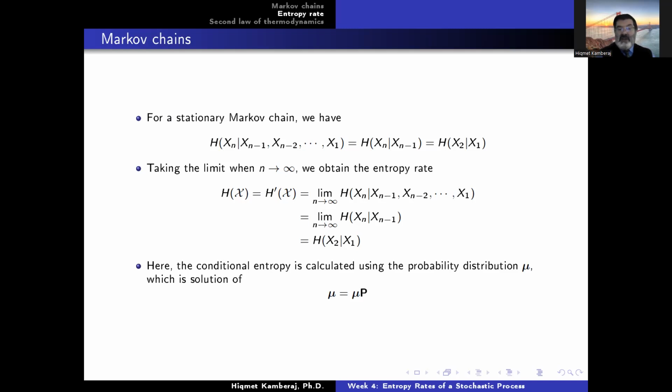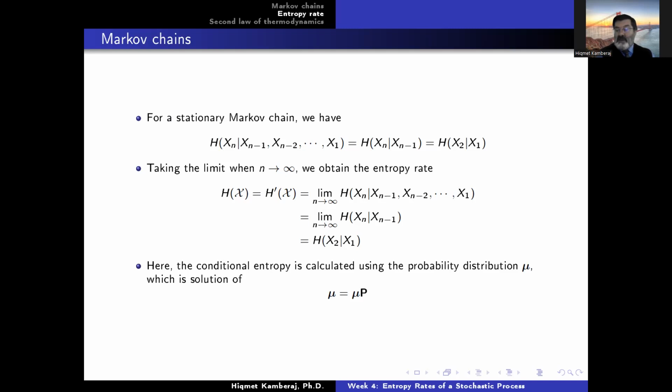Now the left-hand side gives me the entropy rate, H(χ) or H'(χ), which is equal to the limit as n goes to infinity of H of Xn given Xn-1, Xn-2, and so on, X1. Now, furthermore, this is equal to the limit as n goes to infinity of H of Xn given Xn-1, or equal to the limit as n goes to infinity of H of X2 given X1, but this does not depend on n.